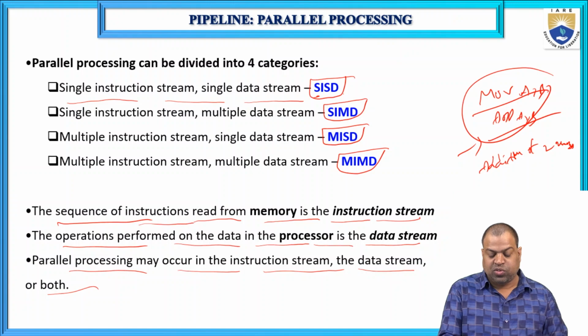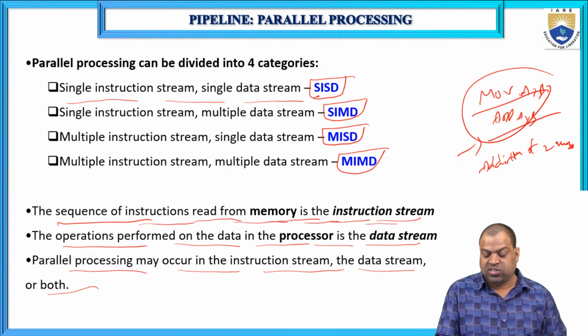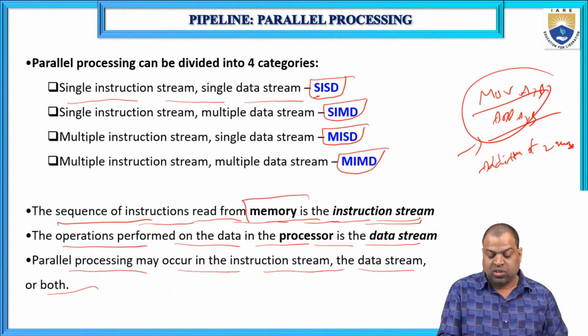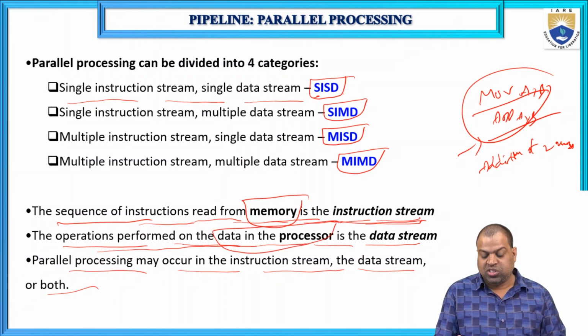So the sequence of instructions read from memory is the instruction stream. Read from memory means a read operation is performed, that is the instruction stream, and the operation performed on the data in the processor is the data stream. The parallel processing may occur in instruction and data.